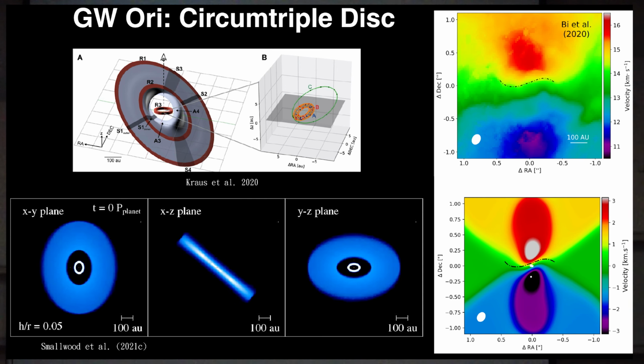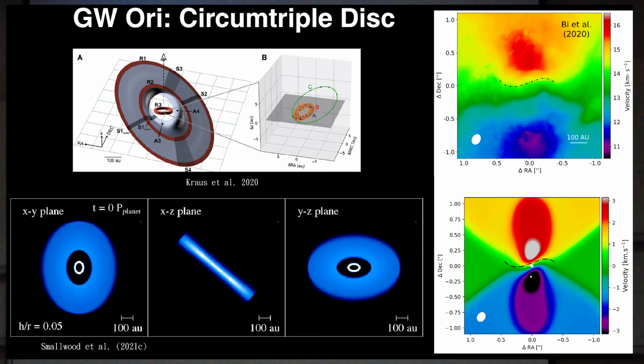And so on those two right panels, the top one is the observations of the CO map. You can see there's a dashed curved line that represents the warp in the disk. What I've done is take the simulation with the planet carving the gap, and I've copied and pasted that dotted curve onto my synthetic CO map, and found that it fits really well.